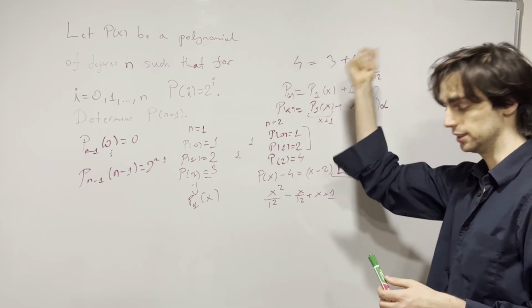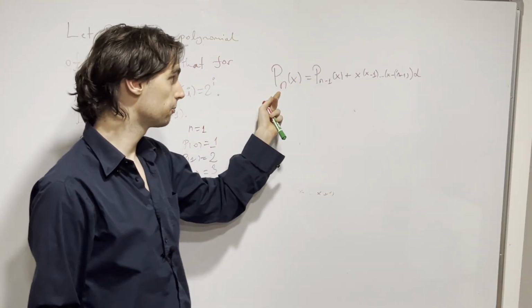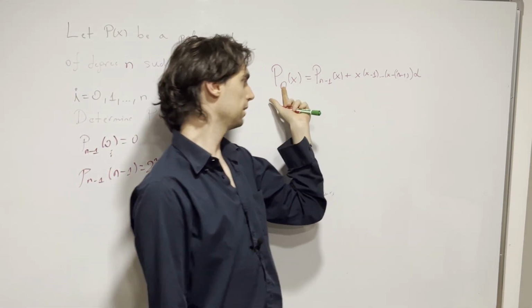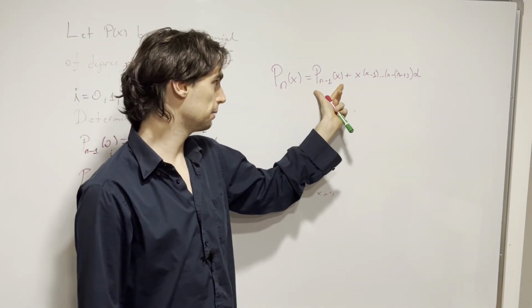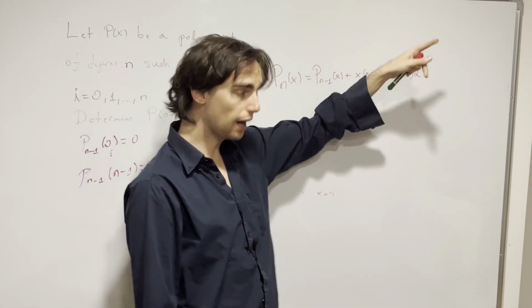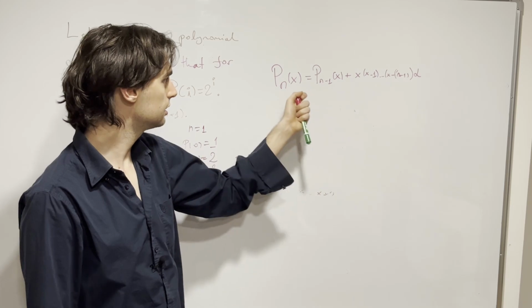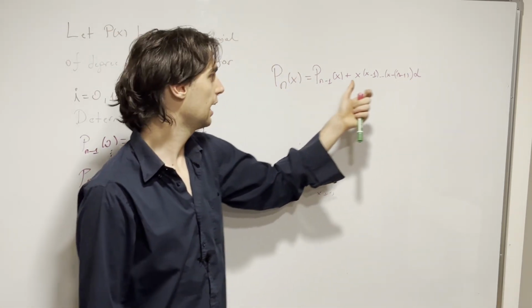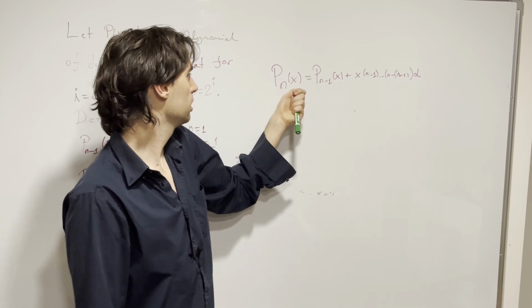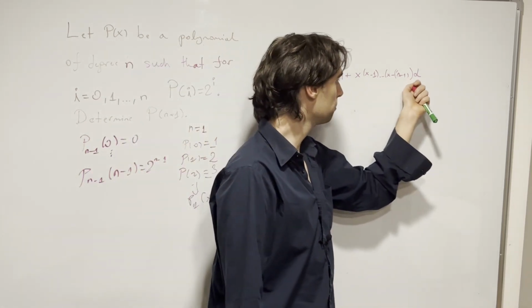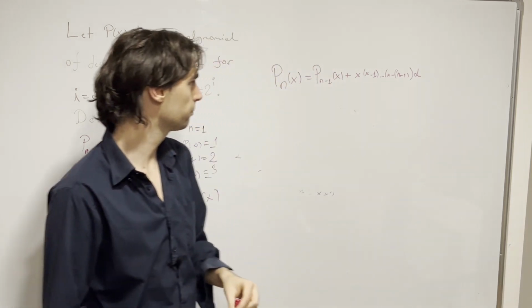What we would have is this. P n of x is going to be P n minus 1 of x plus this q of x, which we know because it's of degree n, and its roots are 0 through n minus 1. We know it's of this form, this times alpha.